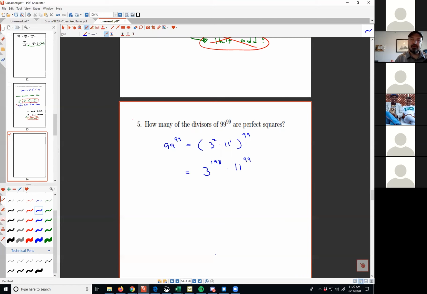So how do we use the model for prime factorization? I want to write out a model, and then I want to compare the model to the problem at hand. What does every divisor of 99 to the 99th power look like?